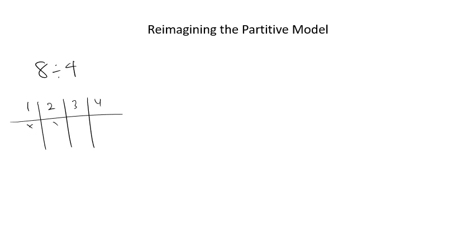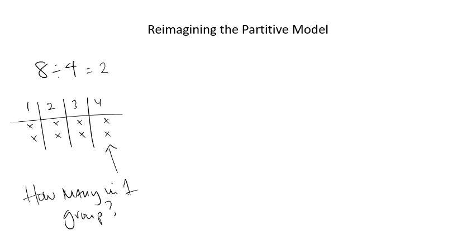And so 1, 2, 3, 4, 5, 6, 7, 8. And so my solution is going to be how many in one group. And when we are using the partitive model with integers in this way, we have more than enough objects. We distribute them over several groups, and then we focus in on just that one group.